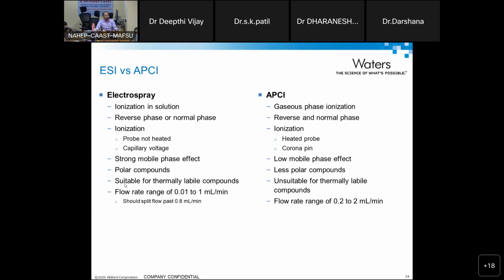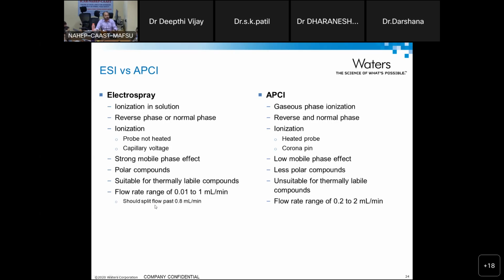Electrospray can be used for thermally labile compounds, whereas APCI could be slightly unsuitable for thermally labile compounds, as the ionization involves high temperature at the APCI probe. So for compounds which are thermally labile, there are chances that they may thermally degrade or decompose because of that high temperature.